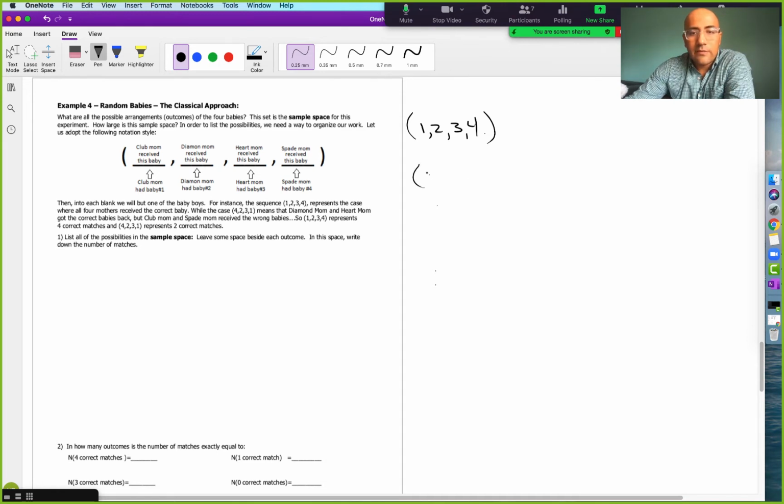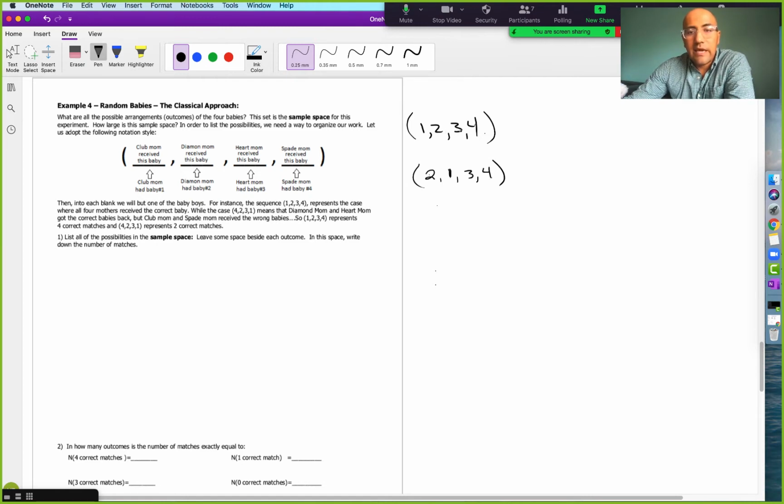On the other hand, let's say we had this 2, 1, 3, 4. This is the case where baby number 2 went to house number 1, and baby number 1 went to house number 2. So these were both wrong, right? And this is the case where baby number 3 went to spot number 3, and baby number 4 went to spot number 4.